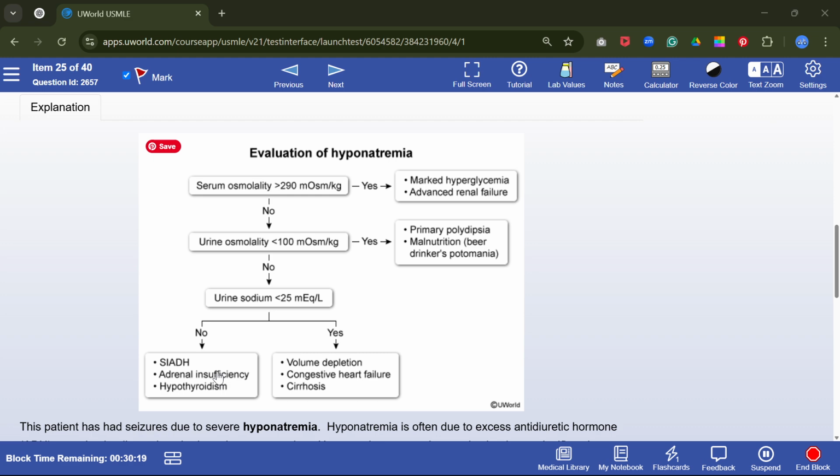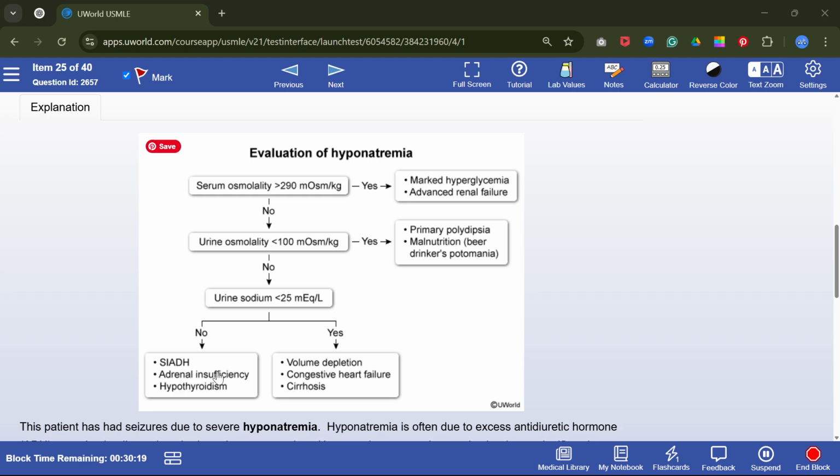Then if serum osmolarity is not more than 290, do urine osmolarity. If urine osmolarity is less than 100 milliosmol per kg, yes, then go for PM, like primary polydipsia and malnutrition, beer drinker or proteinuria. So AM goes, PM goes.